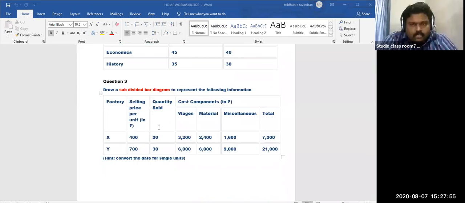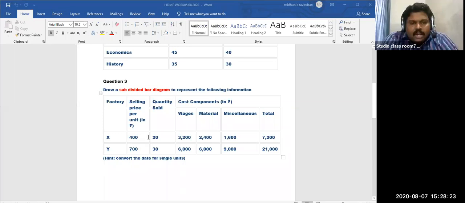I told you the hint I provided here: convert the data into single units, the data of a single unit. Converting that is so easy, right? So factory X, here the total quantity sold is 20. Wages, material cost, miscellaneous cost are for these 20 units.